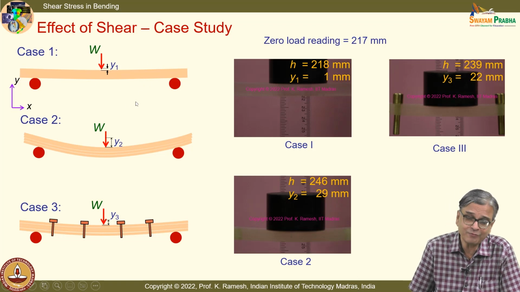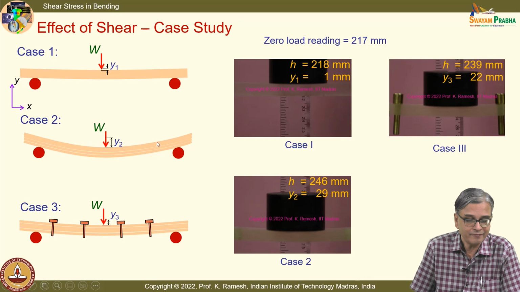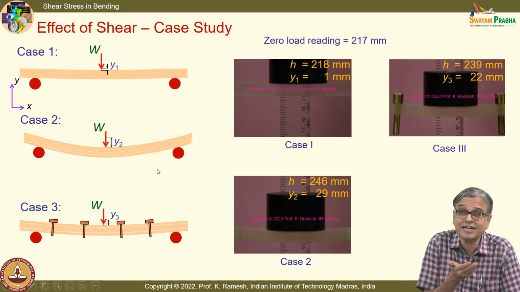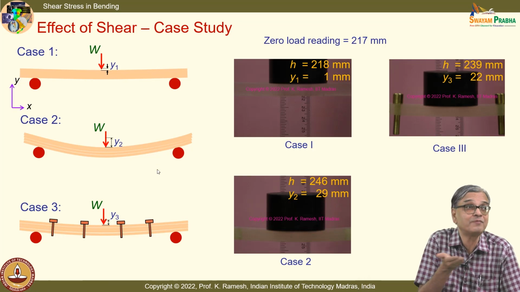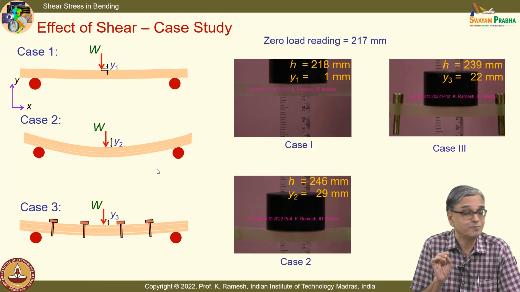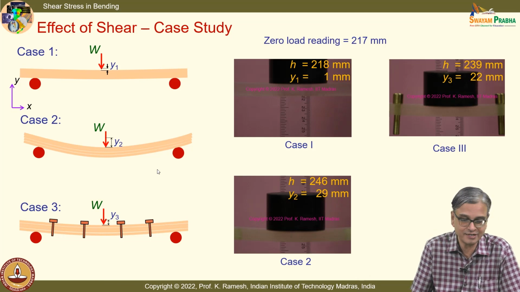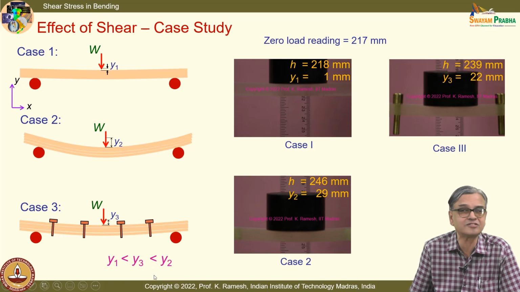To appreciate what happens in the solid beam, we have taken layers to understand what happens in between the layers. Because this is very subtle. The issue we discussed today is a very subtle concept. And you can also make a record that y1 is the least, y3 comes in between, and y2 is the largest deflection.